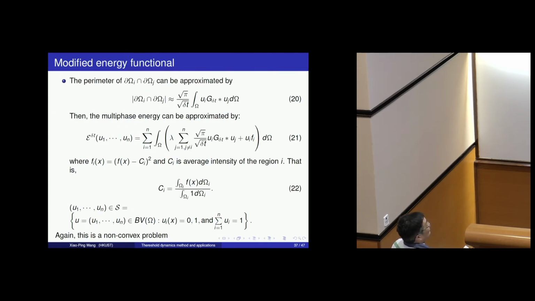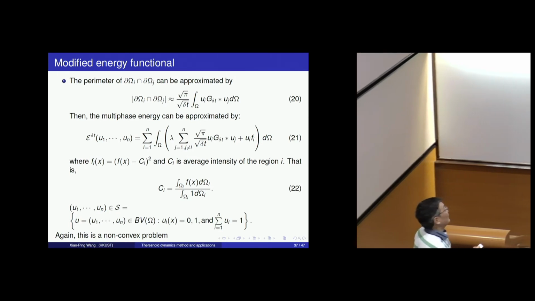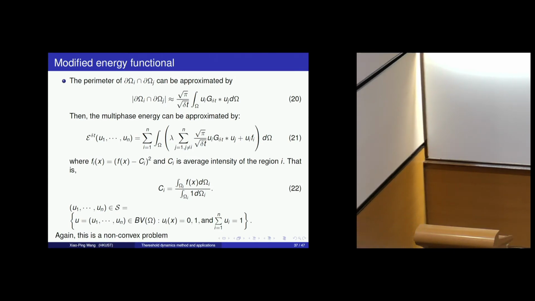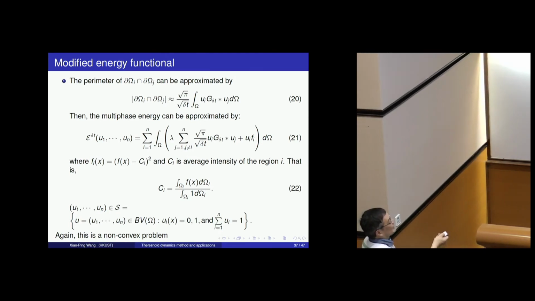So again, our approach is to approximate the perimeter by this heat kernel convolution, and then you have the total multi-phase energy, which can be formulated in an exactly similar way as the wetting problem, or interface problem.